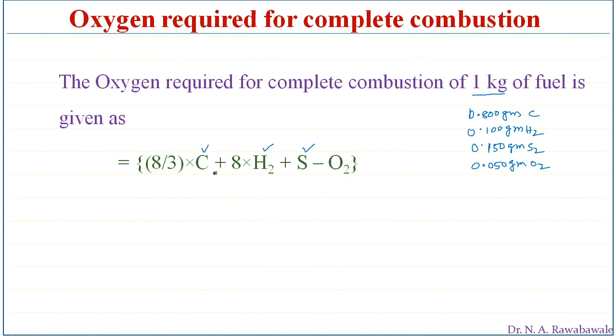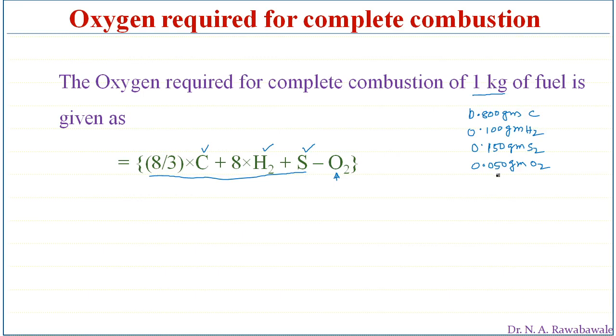If we want to find out the oxygen, then 8 by 3 into C is the mass of oxygen required to burn carbon. 8 into H2 is the mass of oxygen required to burn hydrogen. S into 1 is the mass of oxygen required to burn sulfur, and minus O. Whatever oxygen is required for these three constituents is taken from air after subtracting the oxygen already present in the fuel.